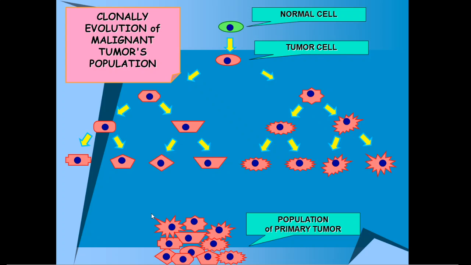And finally, we will have a population of primary tumor, and here we have polymorphism, hyperchromic nuclei, for example. Here we have an increased mitotic rate.